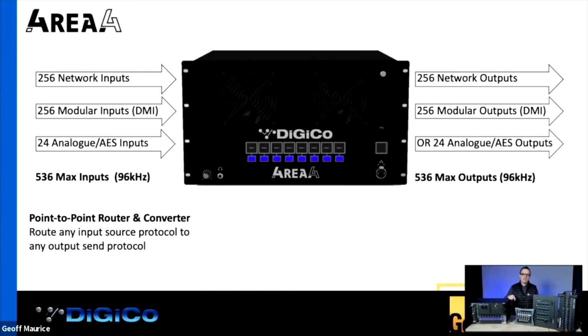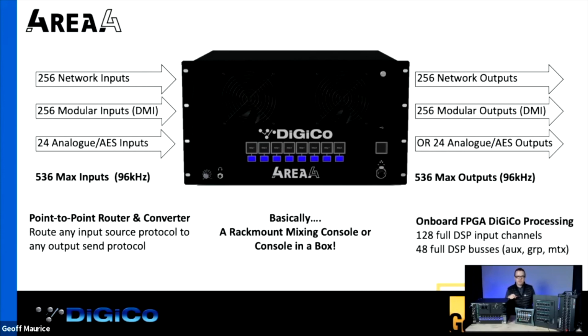You can look at this device as a point-to-point router. I like to think of it as a rack mount mixing console or a console in a box, fundamentally. So of course it does have 128 channels of processing and 48 channels plus a few additional solo buses and things like that for your output selection as well.